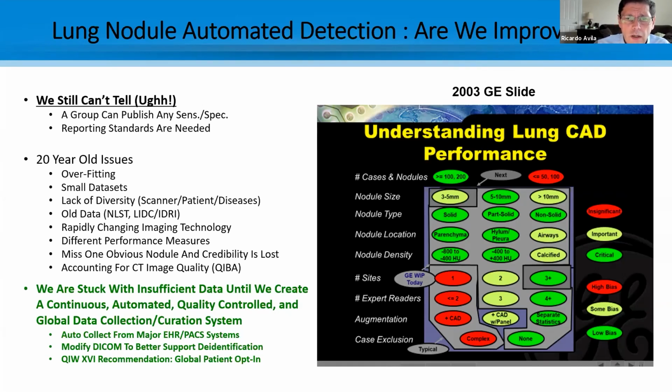So I'm going to keep pushing to set up this continuous data collection and curation system. There are multiple systems in development now that I and others are involved with that will help with that.